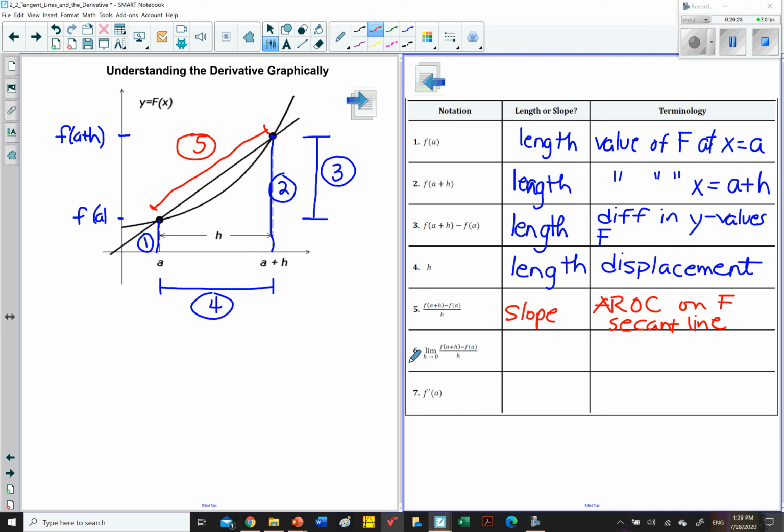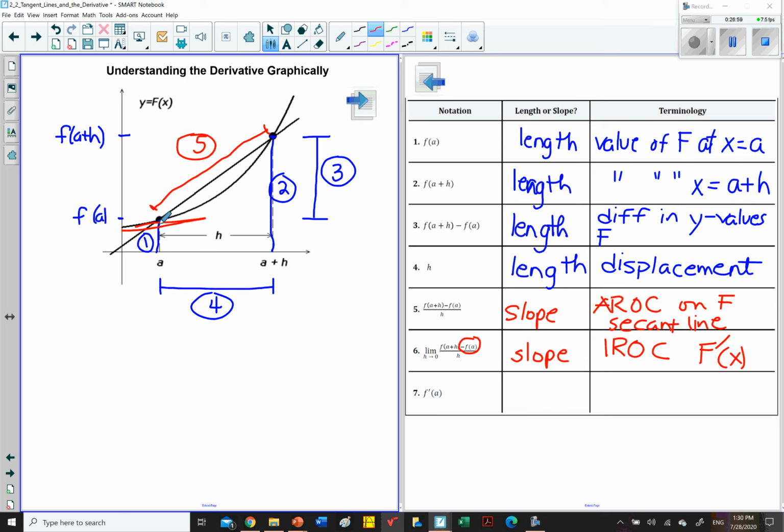So what do you recognize this to be? When we take the limit, we're taking the limit of the secant lines, which is also the slope, and this happens to be the instantaneous rate of change, which is the derivative of our function, f prime. And where would that be as h goes to 0? So number 6, we could say that's the slope here because it's the slope at A. See how it's telling us the slope at A?